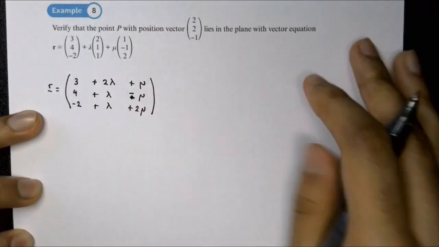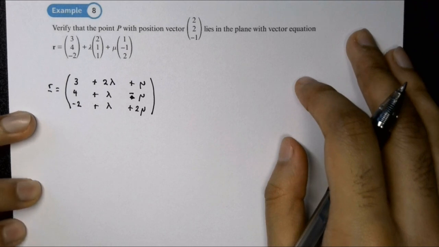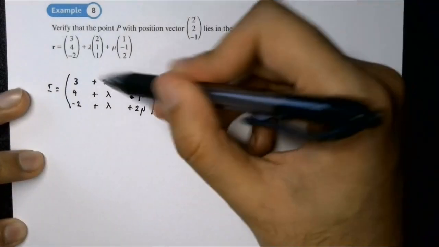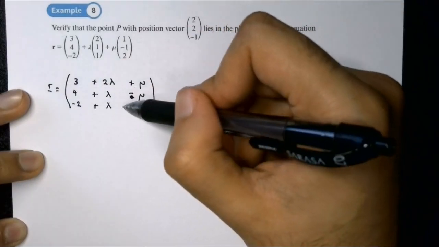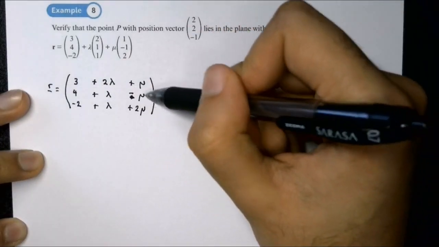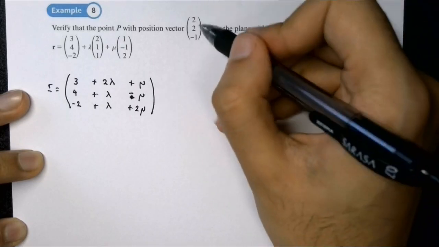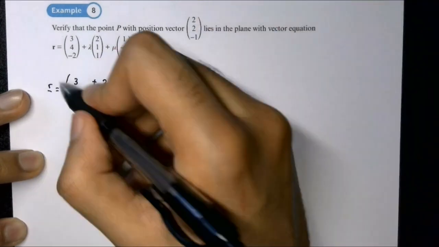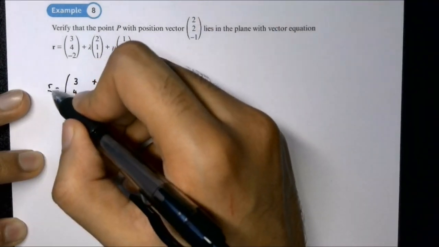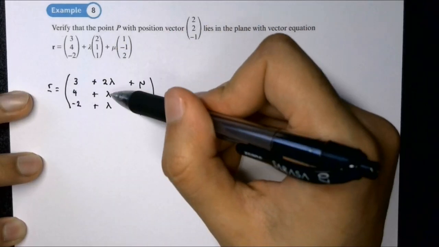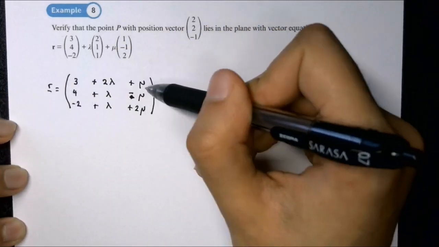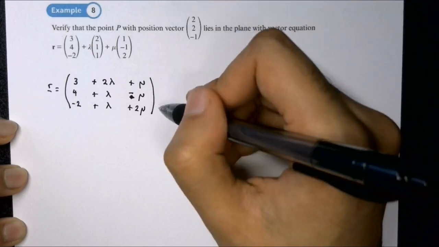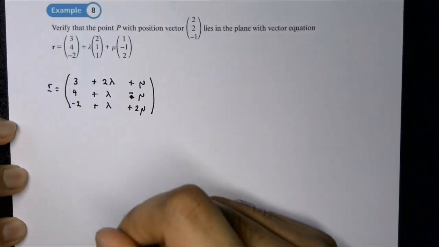Now why am I choosing to do this? Well, if we want to show that P lies on the plane with this equation, we can set this equation equal to this, because remember R just tells us a general point on the plane, and if we get a value of lambda and mu which satisfies these three rows, then indeed P will lie on the plane.